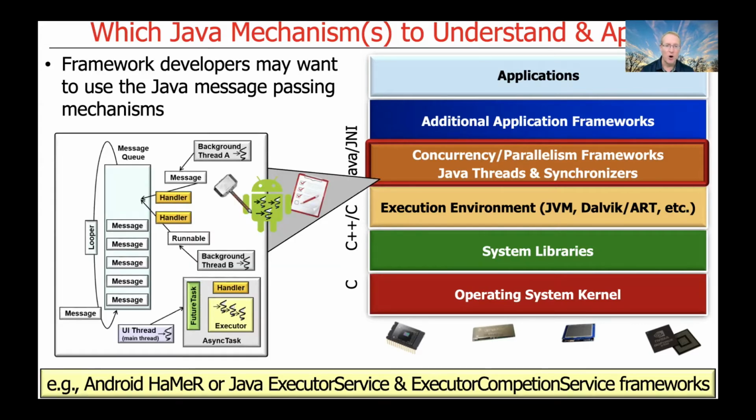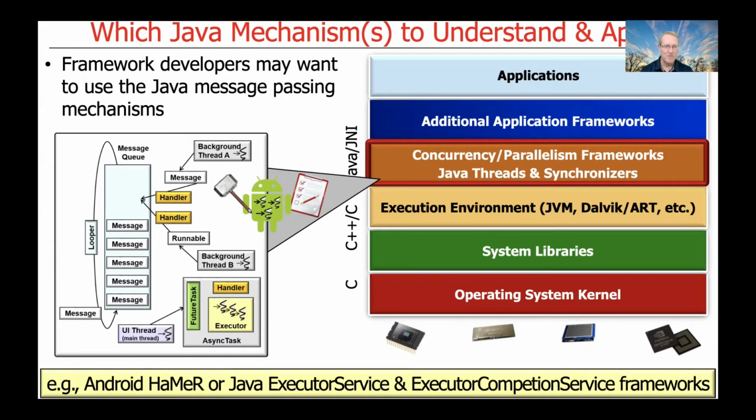Developers of frameworks, which are things that would sit on top of the lower level execution environment and system libraries and so on, might want to consider using Java's message passing mechanisms, things like the ArrayBlockingQueue or the LinkedBlockingQueue and so on.